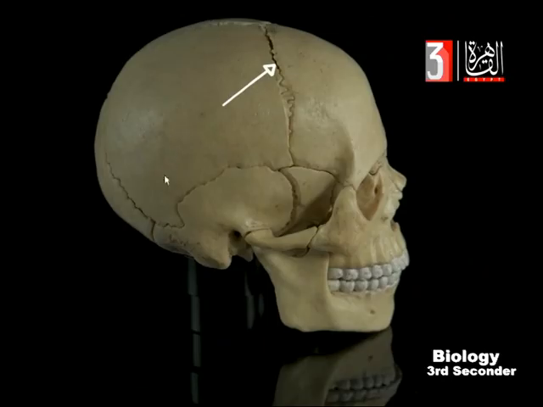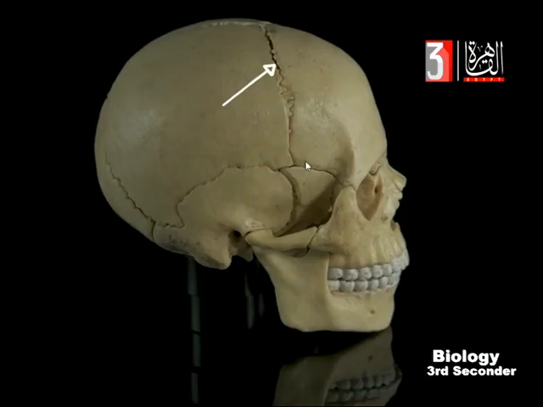The posterior or cerebral part consists of 8 bones attached firmly to each other at their serrated tips. They are not fused; they attach firmly at their serrated tips to form a cavity. This cavity encloses the brain to protect it.